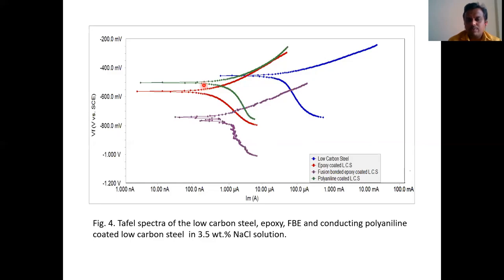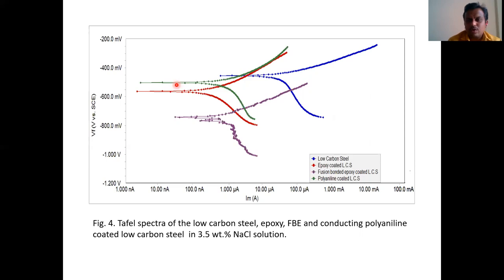This is for fusion bonded epoxy coating, and this is for polyaniline coating. So these are the different plots. As you can see here, this low carbon steel material has a higher corrosion rate. In this graph, the polyaniline material has a lower corrosion rate.